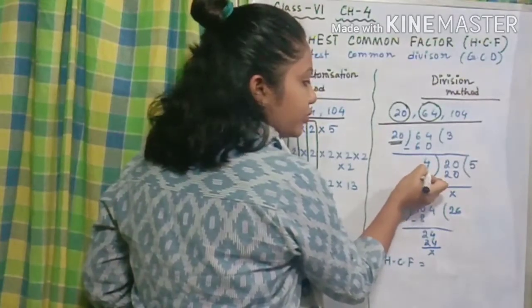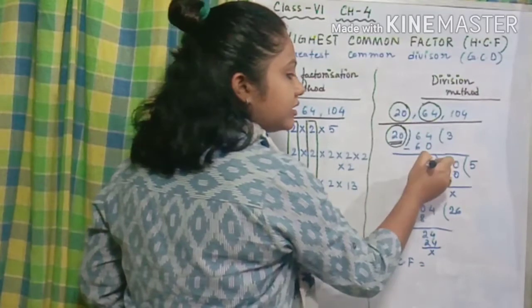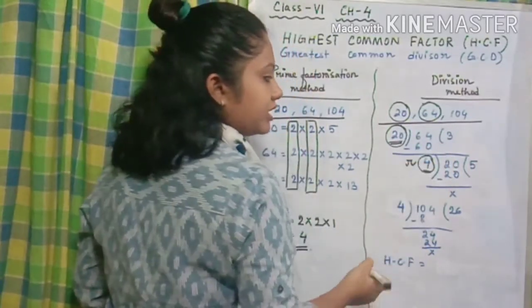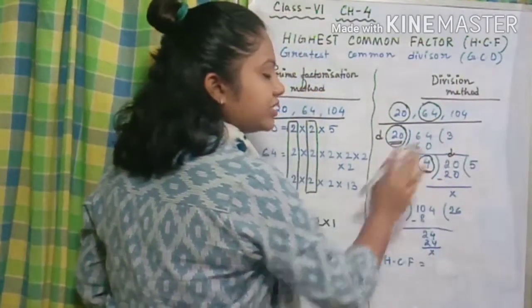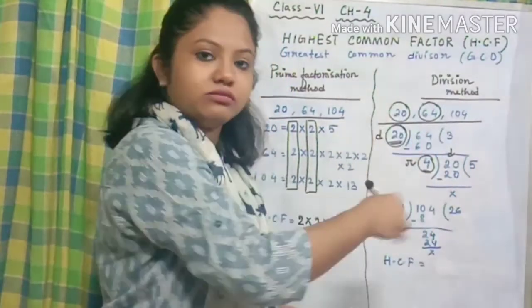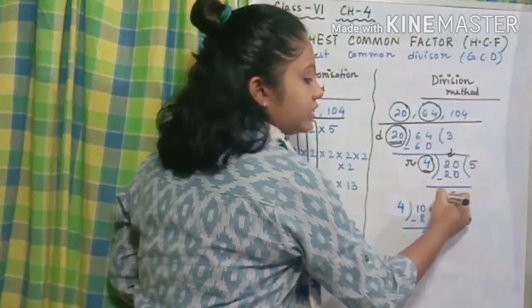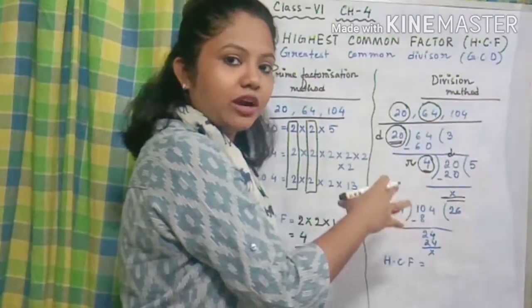Now we are going to divide the divisor by the remainder. Here 4 is the remainder and this is the divisor. So the divisor is being divided by the remainder, and this process is going to continue till the division has been completed.